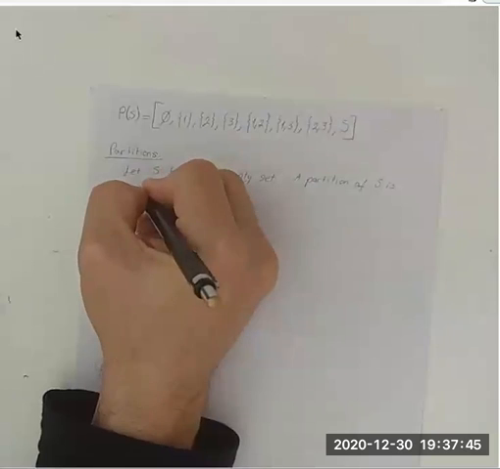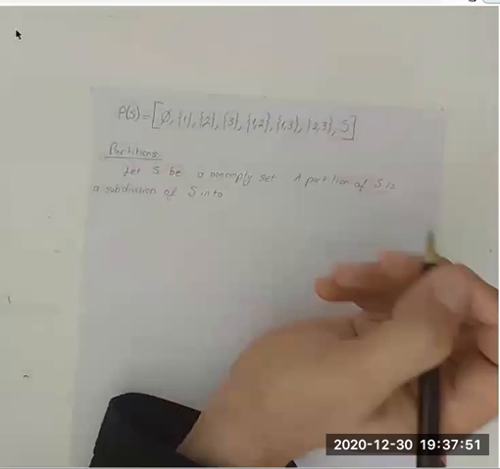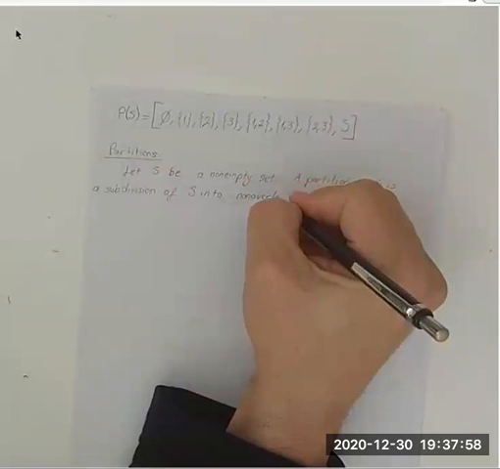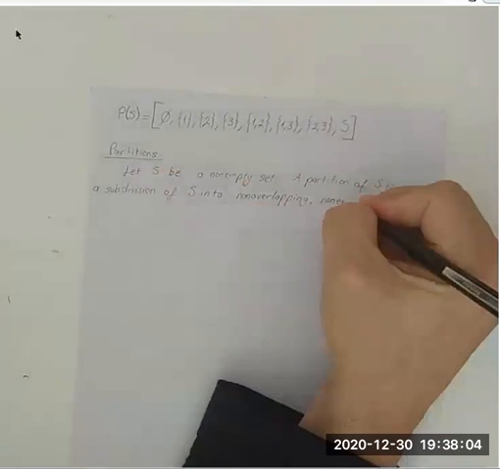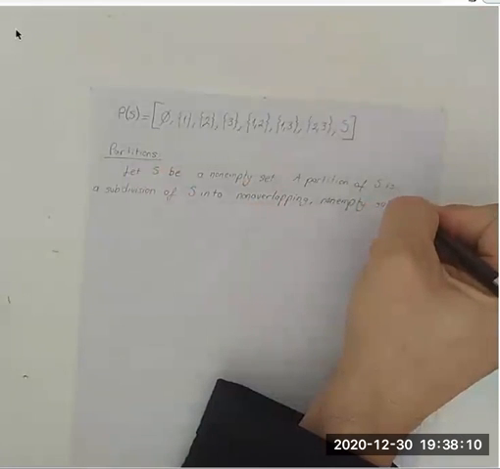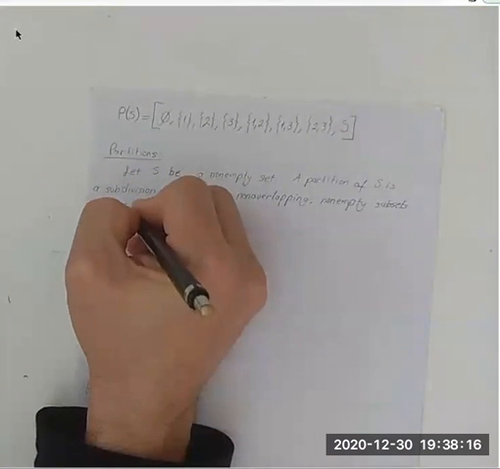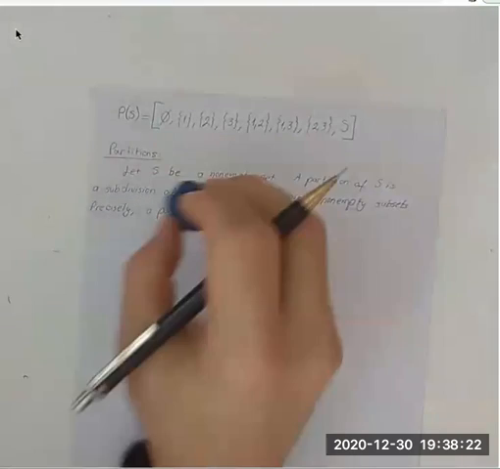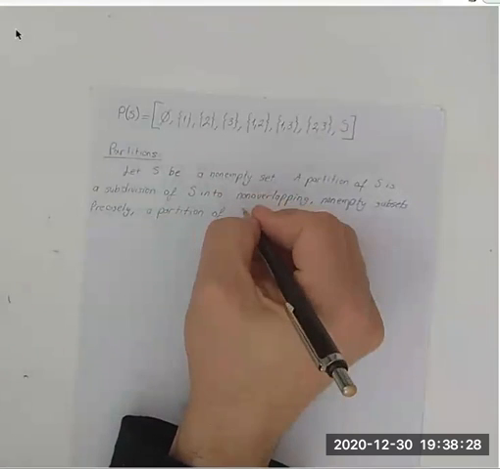is a collection of non-empty subsets Ai of S such that, first, each a in S belongs to one of the Ai.